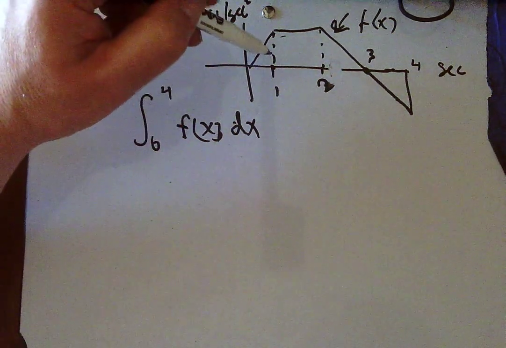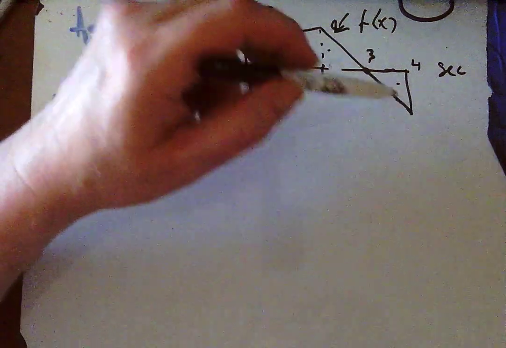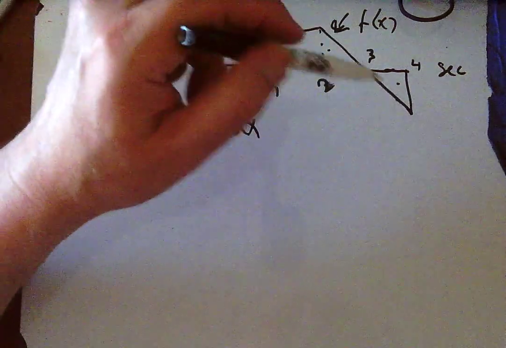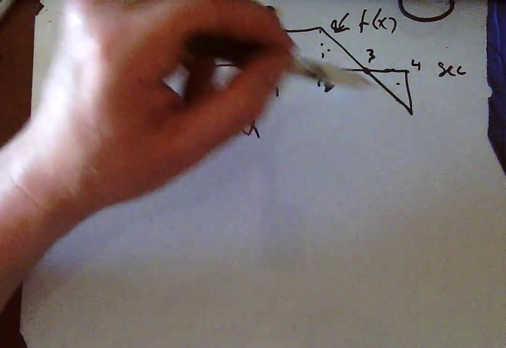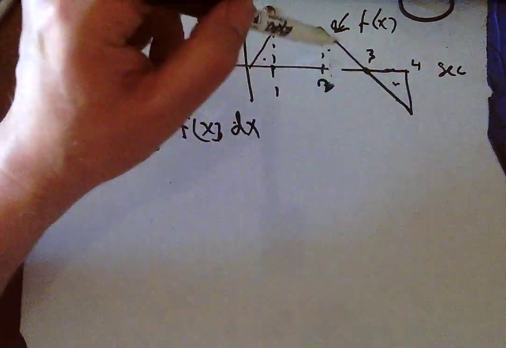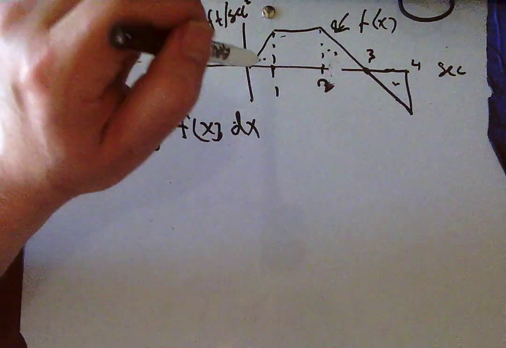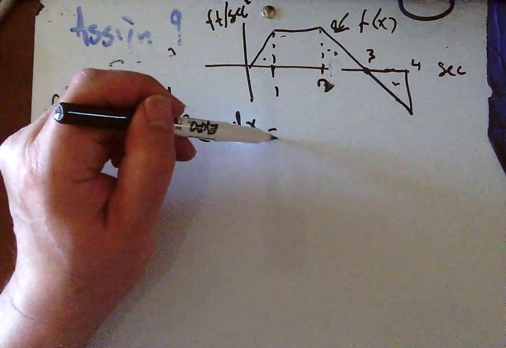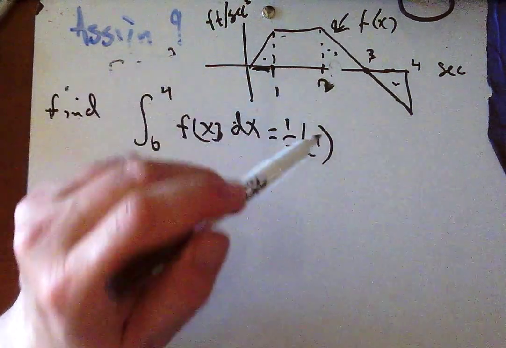So, I've got triangle, triangle, triangle that goes downstairs. If I'm just thinking about these areas, this one below the axis and this one above the axis, they're the same size. It's just one is going to be negative and one is going to be positive, so they cancel each other out. So all I really have is 1/2 base of 1. And what's my height?